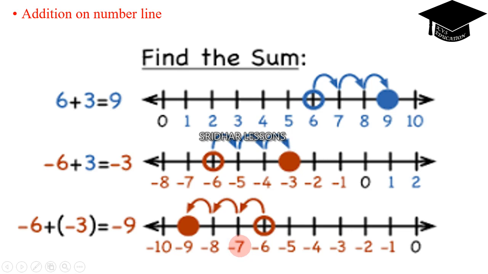Position 1 we get minus 7, position 2 we get minus 8 and position 3 we get minus 9. So minus 6 plus of minus 3 is equal to minus 9. This is the resultant on the number line.